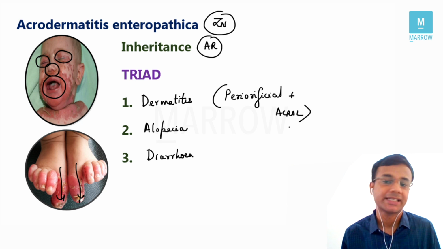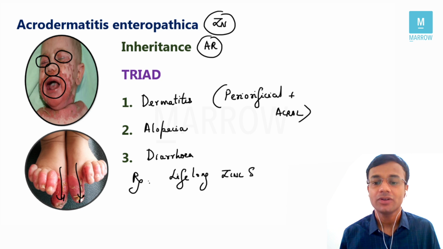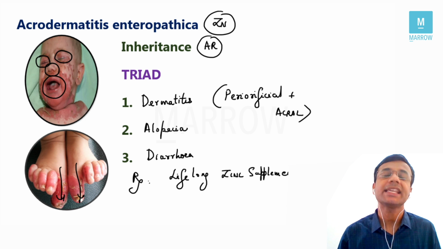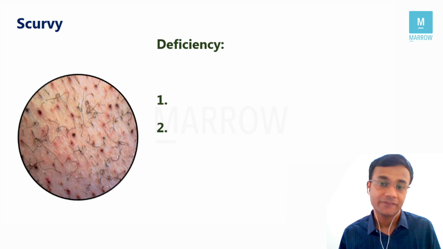So periorificial dermatitis and acral dermatitis, both these patterns are very important for the diagnosis of Acrodermatitis enteropathica, and the treatment for this condition is lifelong zinc supplementation.